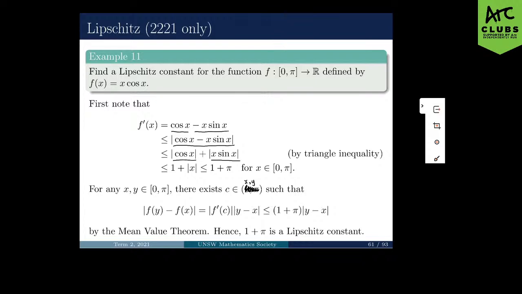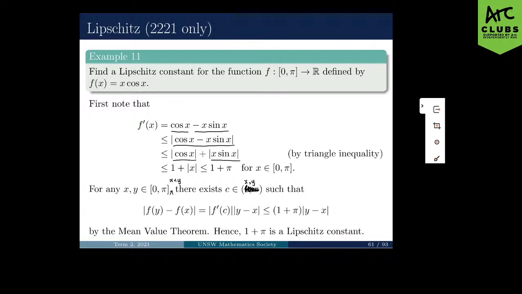So what was I saying? Yeah, so for any x, y in this interval, and I should state something like x minus y for this interval to make sense. So sorry, that was a mistake.